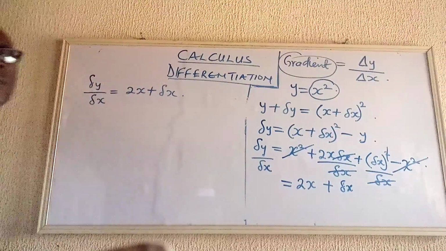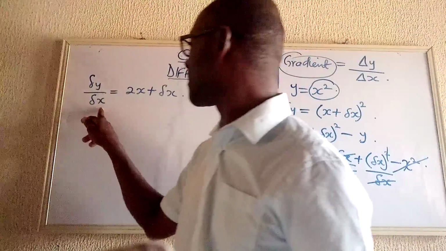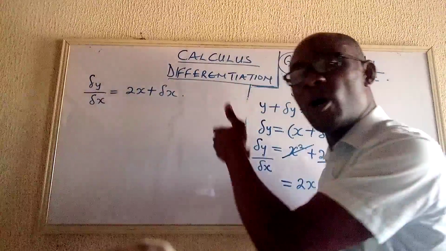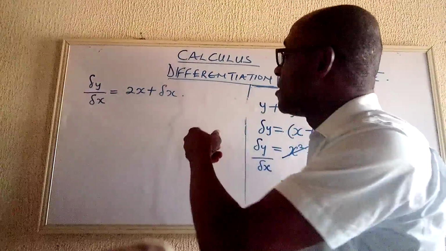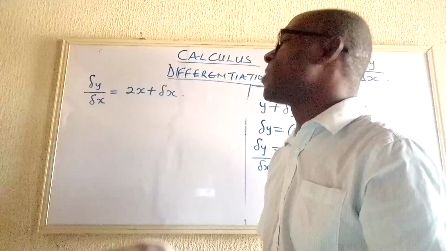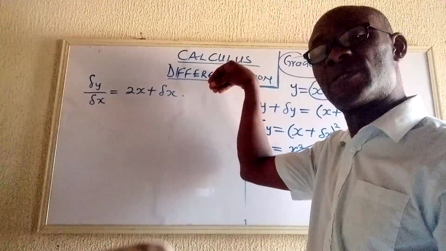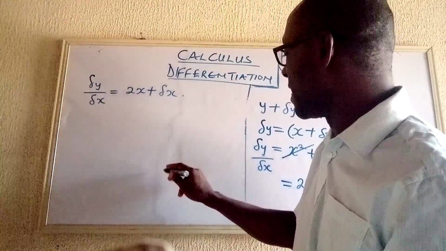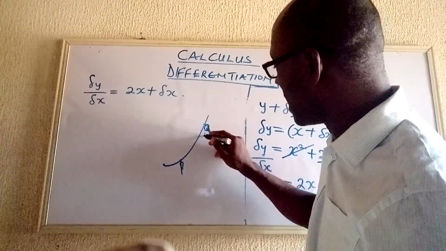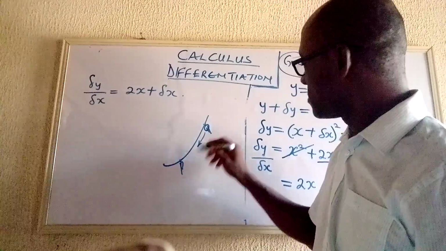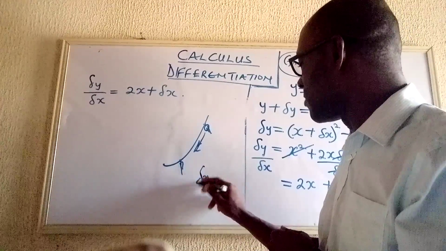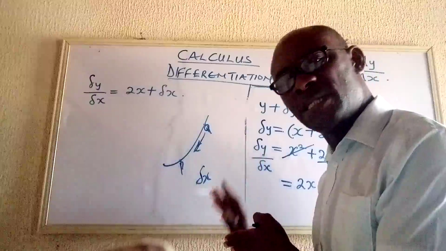Now, we want to talk about the limiting value of this. What do we mean by limiting value? As we saw in the sketch, Q is above point P on the curve. So let's now assume that we are bringing Q down towards P. As Q is moving towards P, what is happening to delta x? Will it be increasing or decreasing? It will be decreasing.